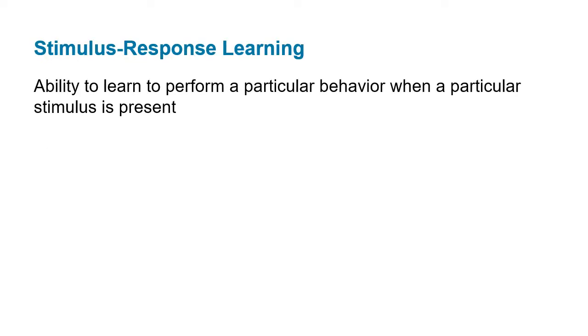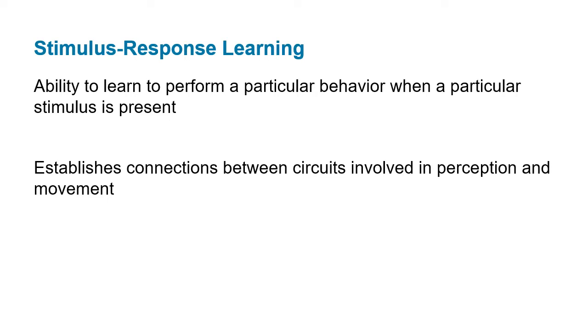So stimulus response learning is essentially our ability to perform a particular behavior when a particular stimulus is present. So when we're given a stimulus in the environment, how do we respond to that stimulus? And this is where the brain is forming connections that are making associations between the stimulus and the response.